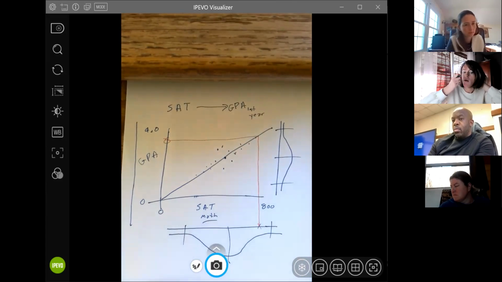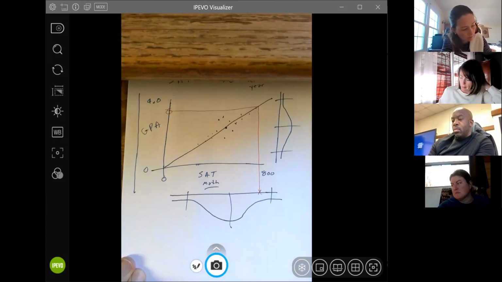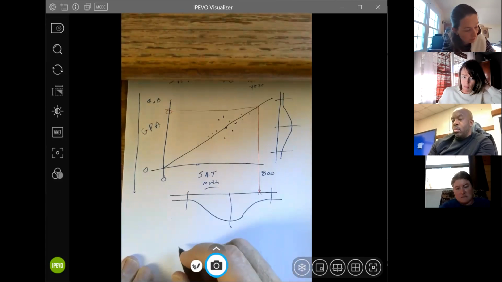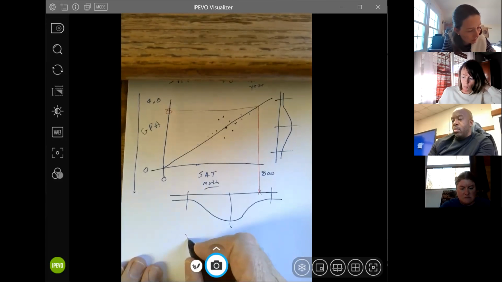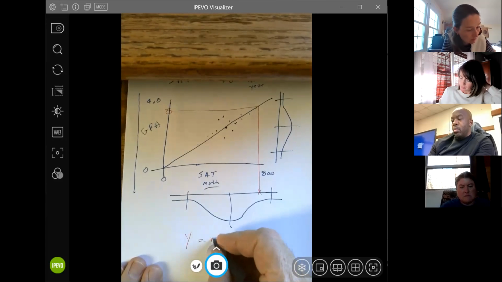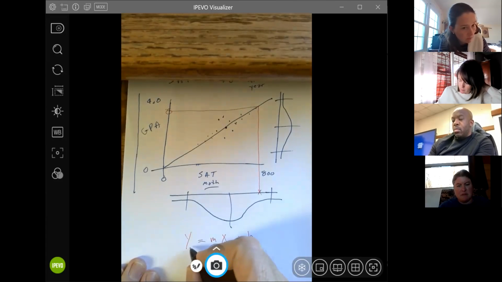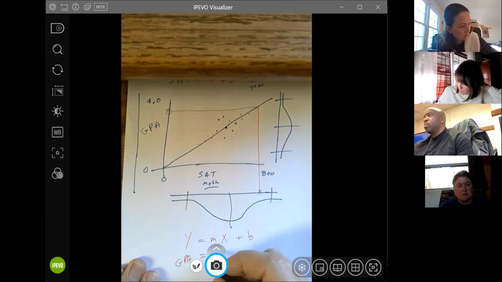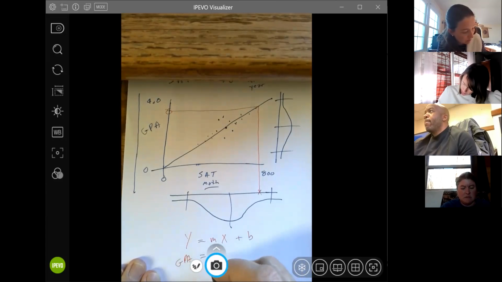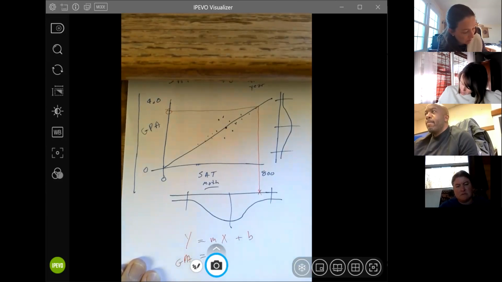Because if you have a straight line, you know the formula for a line. Y is equal to mx plus b. Y, in this case, would be GPA. M would be the slope of the line. If we know the correlation, we can figure the slope. If we know the slope, we can figure the correlation, because they're related.